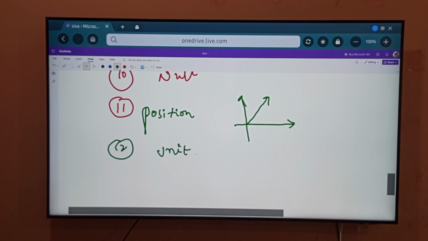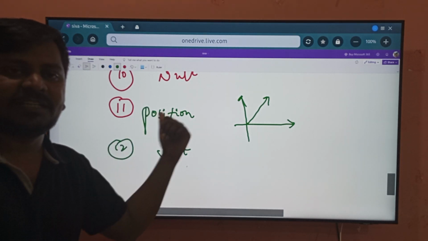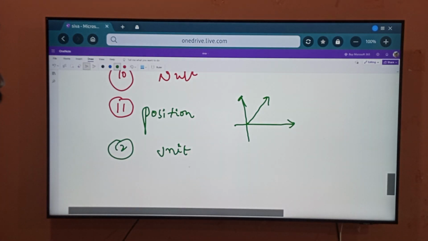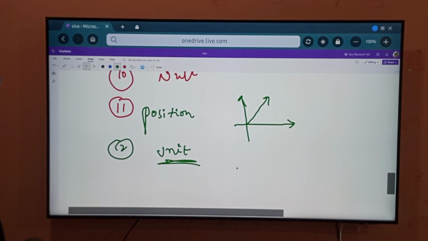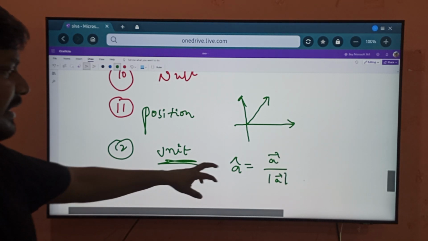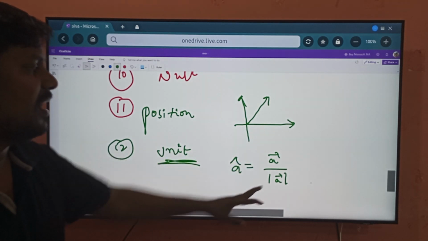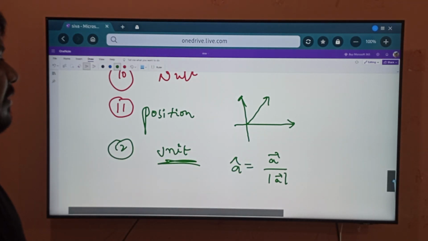A unit vector is a vector whose magnitude is 1. It can be represented as A cap equal to A bar by mod A bar.